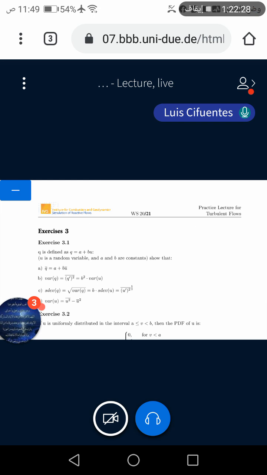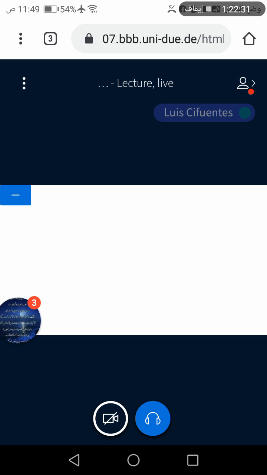The last part here is this part here. The variance of U is given by the integral definition: the integral of U minus the mean value of U, squared, times f(u) du.